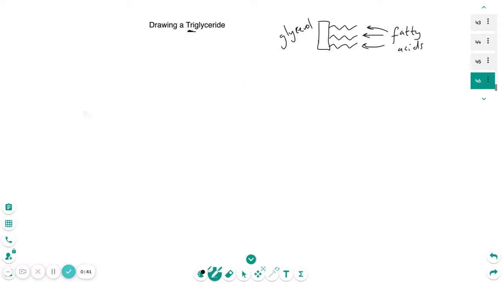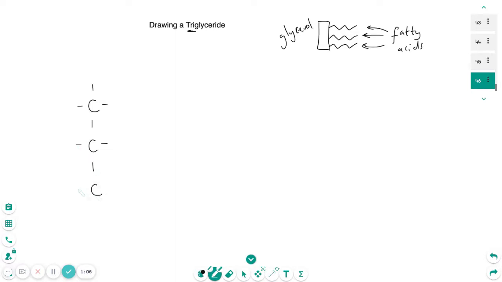So the glycerol is quite easy. We're going to do 1, 2, 3 carbons, and those carbons all need to have 4 bonds going around them. These little sticks I'm drawing. This one here has already got 1, so I'll do 2, 3, 4. This one's got 1, 2, 3, it's already got that one, 4.